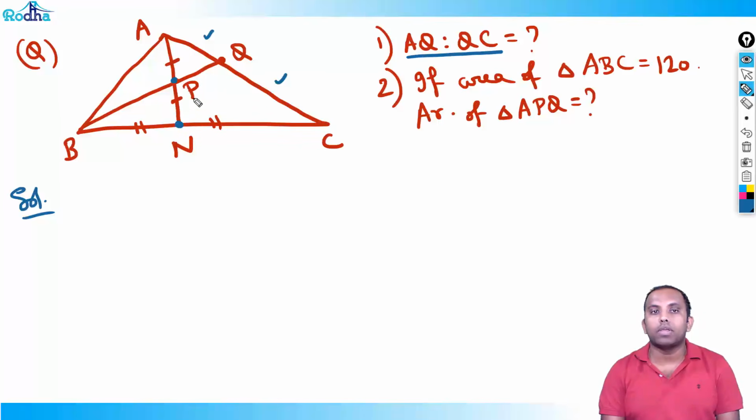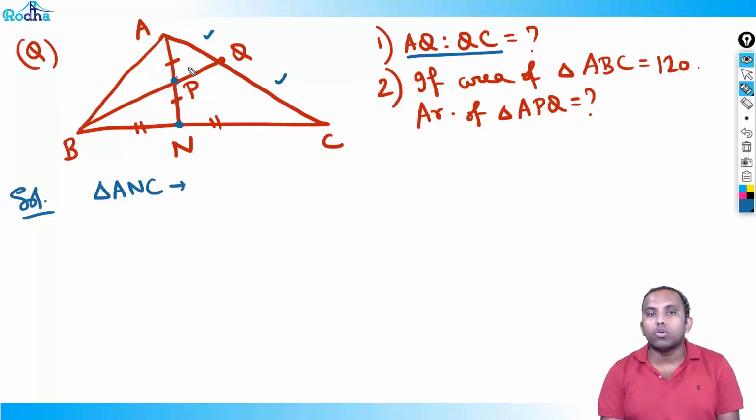And this part should be equal, right? But I can't connect in this triangle. Look at triangle ANC. Triangle APQ is a triangle, and NPQC is a quadrilateral, so I am not able to connect triangle to triangle. I am not able to connect AQ with QC in terms of ratio.